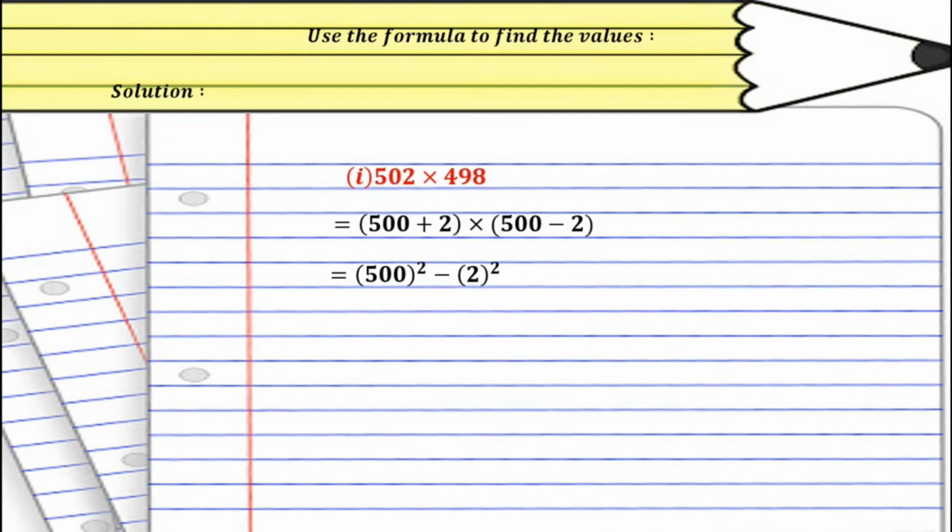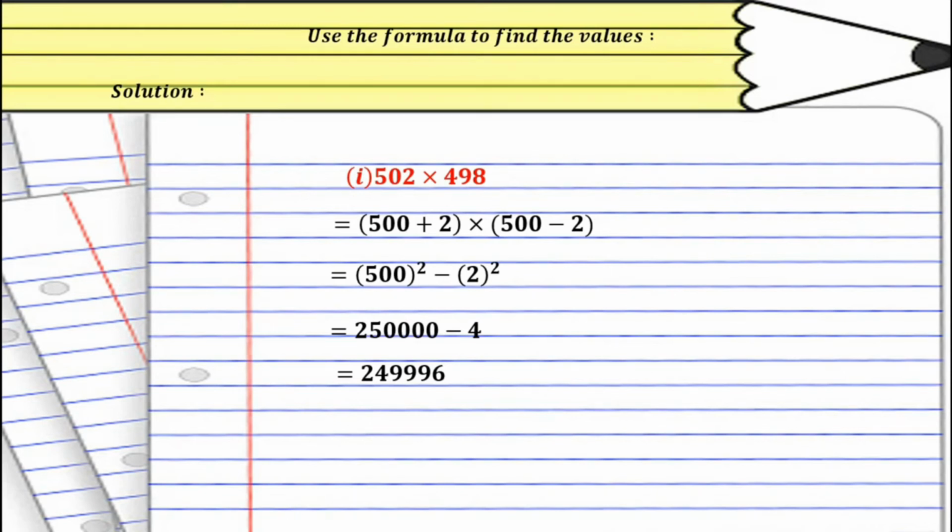So 500 raised to 2 means 2,50,000 minus 4, and that will be 2,49,996.